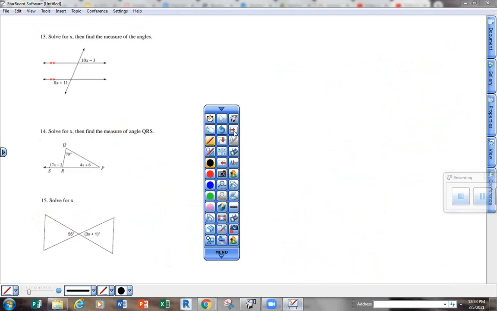For this one, looks like a transversal. Looks like these are alternate exterior, equal. Again, if this would have been right here, that would have been added up, supplementary, added up to be 180. But because it's right there, equal. So I'm going to write 10x minus 3 equal to 8x plus 11.